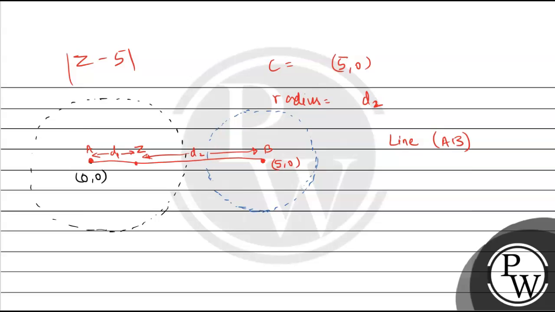With this we can understand that this will be the minimum. Let's check the other condition as well. Let's say this is my z. From origin to this point will be d1, and from here to the other center will be d2. Now d1 plus d2 will always be greater than the condition which I have assumed with the red color, when the points are collinear. Obviously the distance summation d1 plus d2 will be least when the points are collinear.